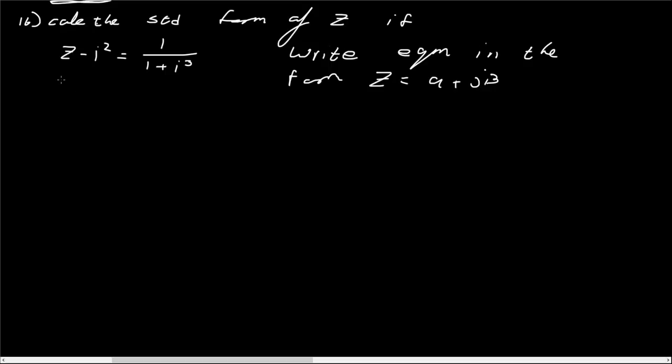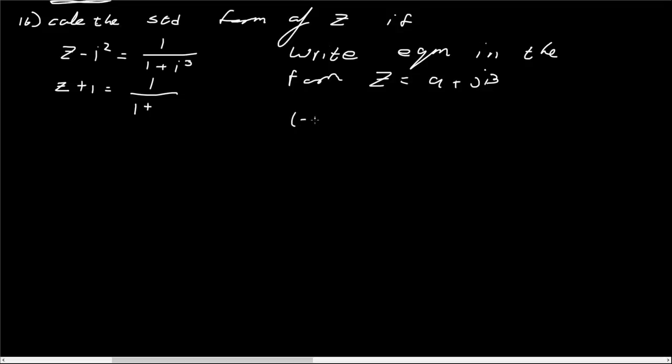Okay, so first thing, i squared is equal to negative 1. So this becomes z plus 1 is equal to 1 over 1 plus i cubed.